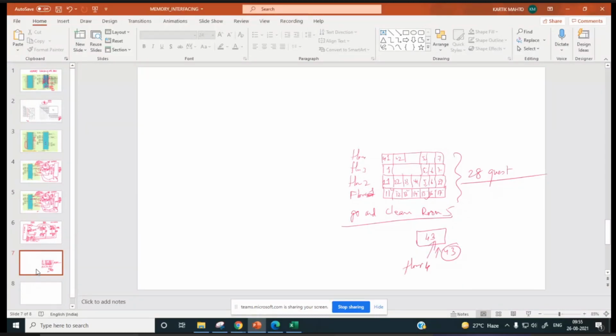So only 1 digit is enough for assigning the room number 1 to 7, and another digit we are using for assigning the floor number. Okay, so the same way here also in the microprocessor, memory interfacing is done.